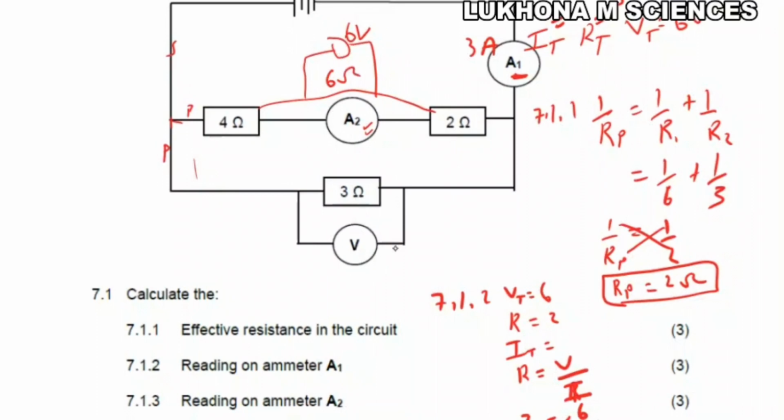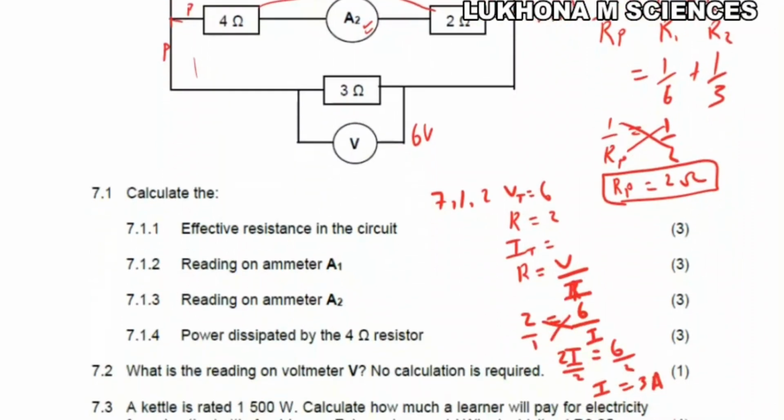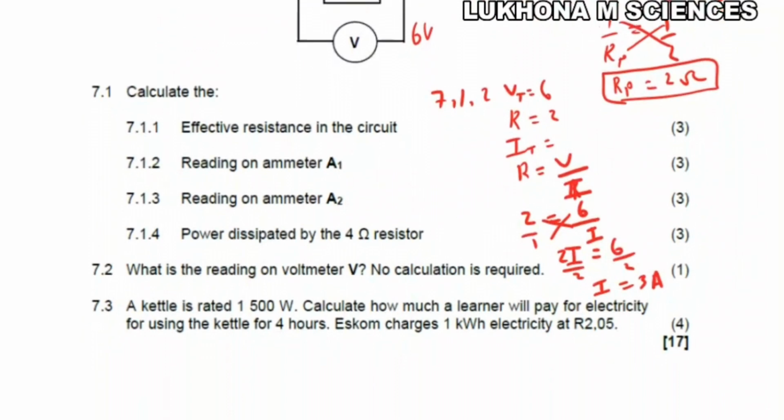Here it will also be 6 volts. Therefore we can now find the reading on A2. Let's collect the data. Reading on A2.